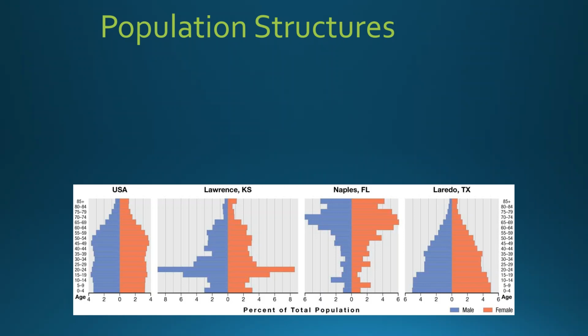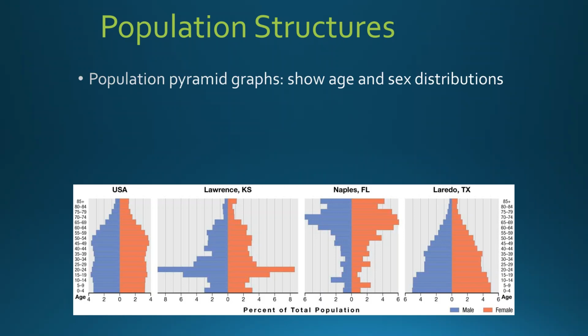And these are basically these little graphs that kind of show us the population makeup of an area. So they're population pyramid graphs, and they show the age and sex distributions of a population. And it shows dependency. What I mean by dependency is if you look at a place like Naples, Florida, you have a lot of elderly people living there.